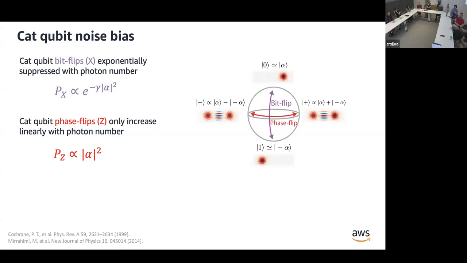Well, you see how big PZ you can tolerate such that you can still correct with the outer code. Then this gives you the maximum value of alpha squared that you can tolerate, and this gives you how much you can suppress X. And the point is that if you increase alpha, you are exponentially noise biasing your qubits. The bias between PZ and PX becomes exponentially small in alpha squared.